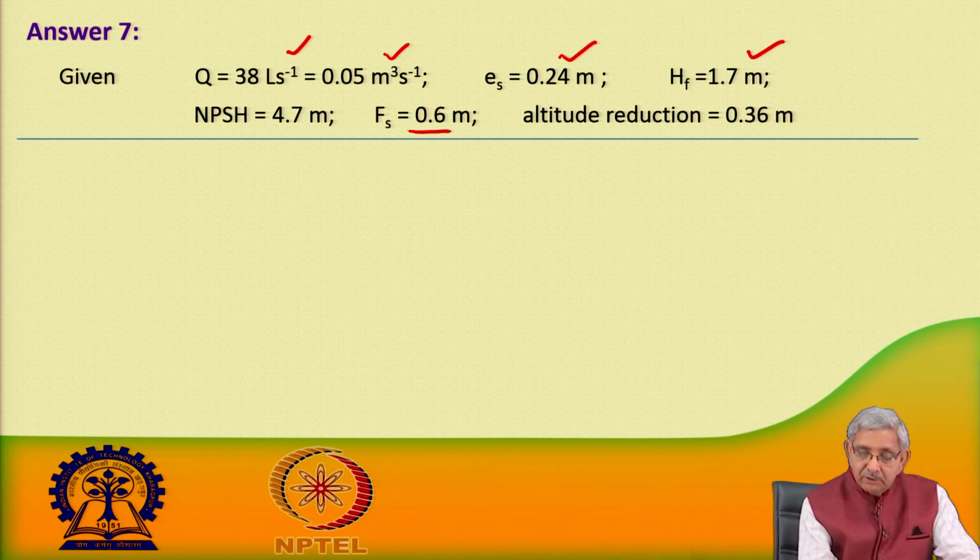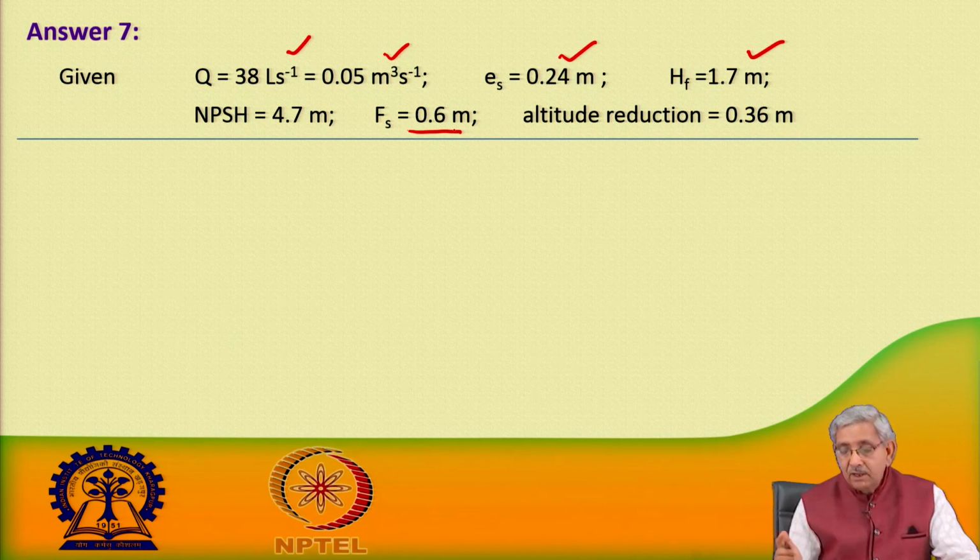We have been given the factor of safety as 0.6 meter, and since the pump is at 300 meter altitude, this reduces the suction. So, this altitude reduction is 0.36 meter.